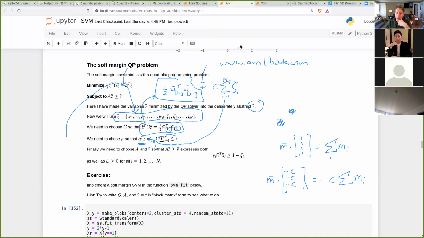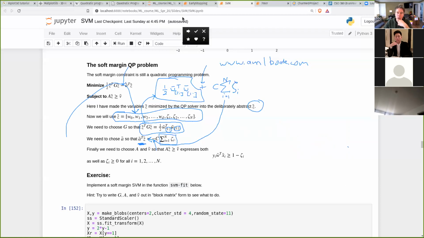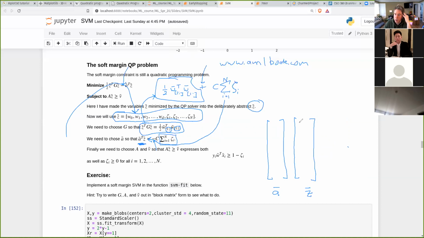So let me erase all of this. Okay. How are we going to set this up as a dot product? Let's say this is A, and over here let's write Z. At the top of Z there's a bunch of W's: W0, W1, down to WD.